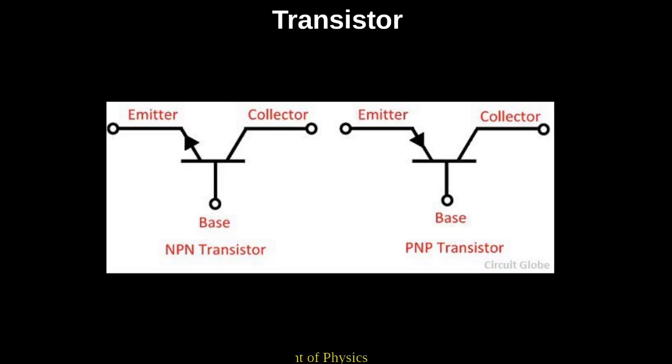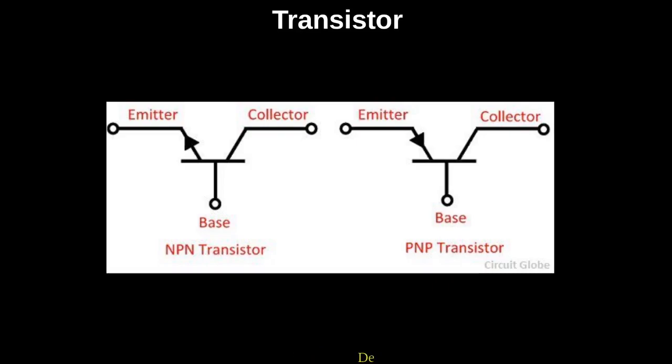The right part of the diode is called the emitter base diode and the left part is called the collector base diode. These names are given as per the common terminal of the transistor. As the transistor is a 3-terminal device which is used for amplifying the electrical signals, it is made up of semiconductor material.